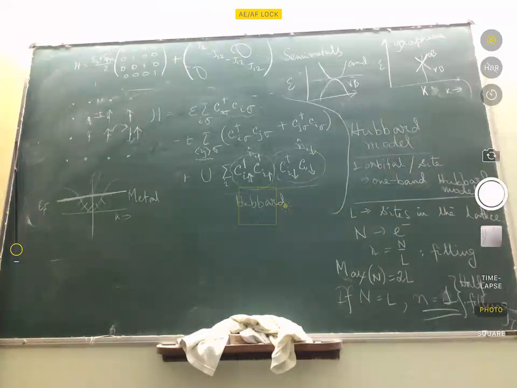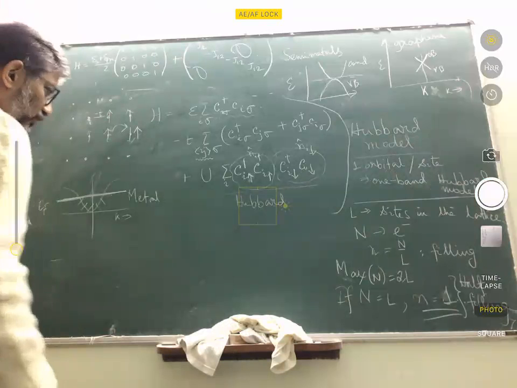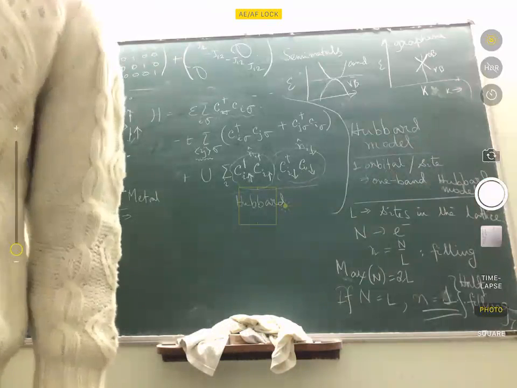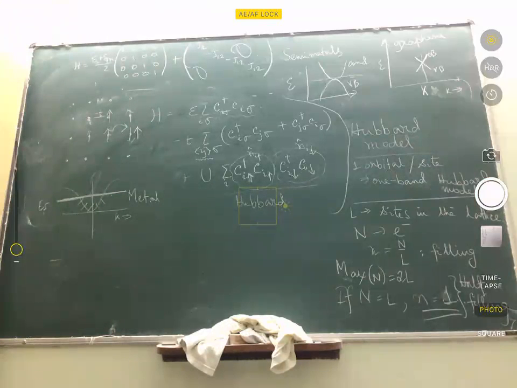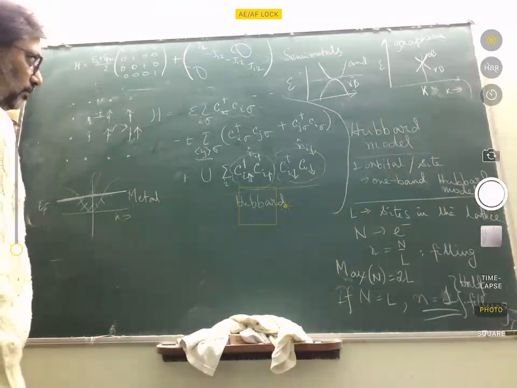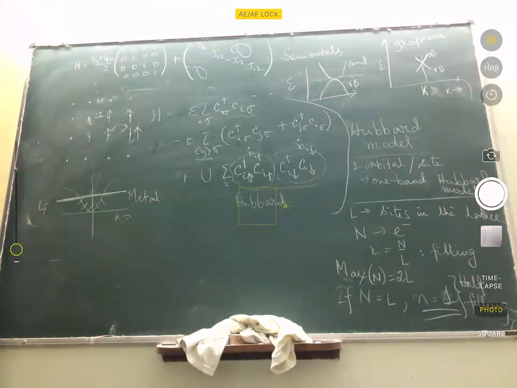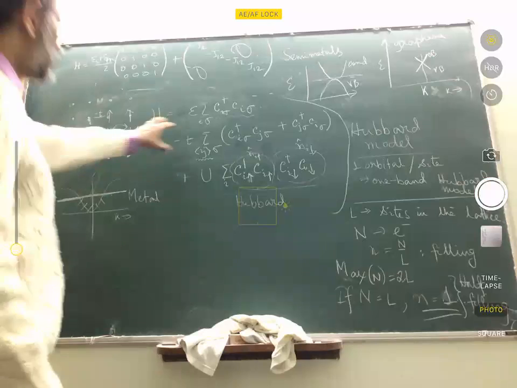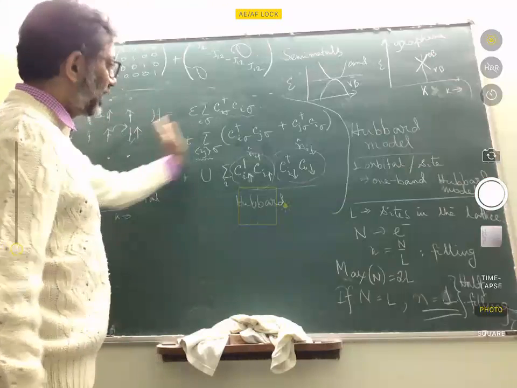Okay. So what is the effect of U on this electron motion? We have already looked at one limit. When U equals 0, I get a metal, because they can freely roam around. In fact, they gain energy, which goes as t as they move around.